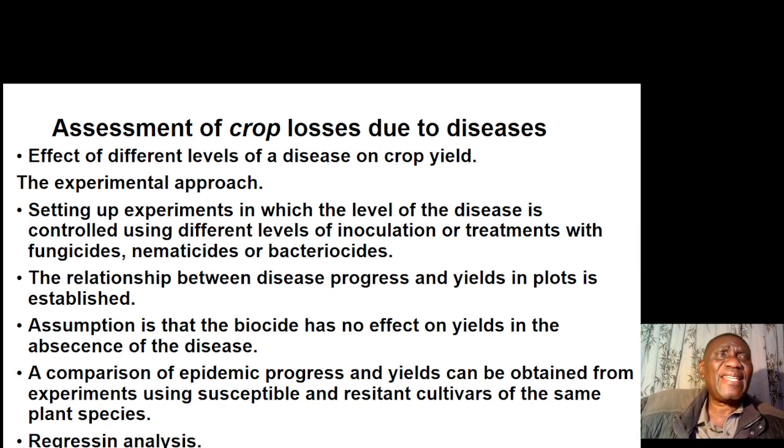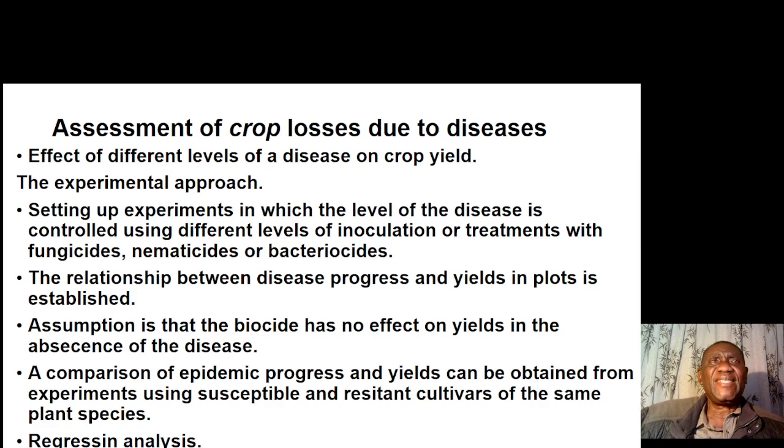We can use the experimental approach, setting up experiments in which the level of the disease is controlled, using different levels of inoculation or treatments with the fungicides, nematicides, and the bactericides. We can put a fungicide in some plots, and some plots we don't put fungicides. Then we compare.